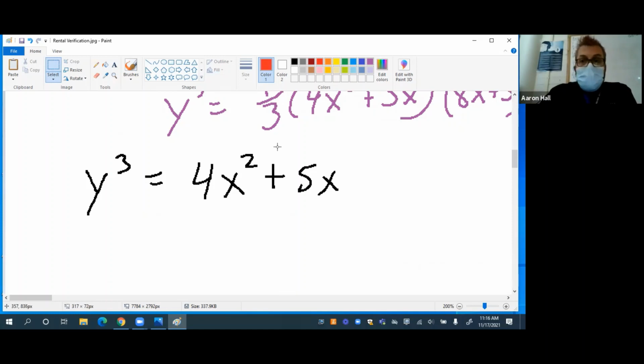Any suggestions? How would we find the derivative of this on the left-hand side?